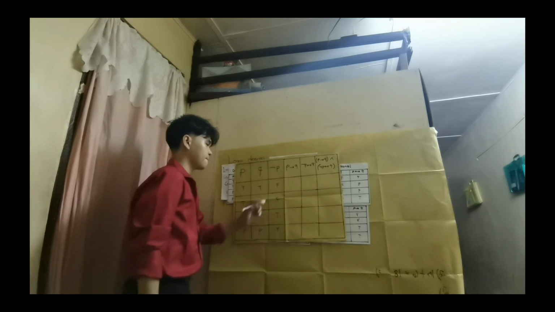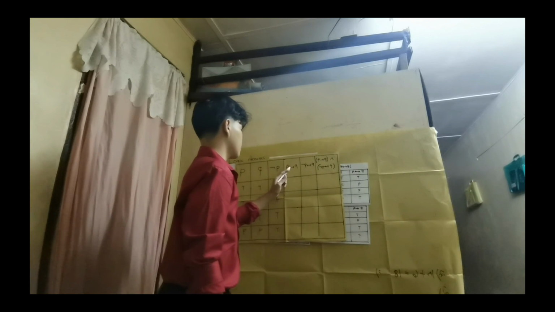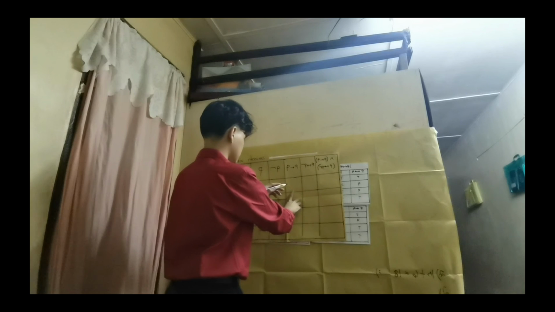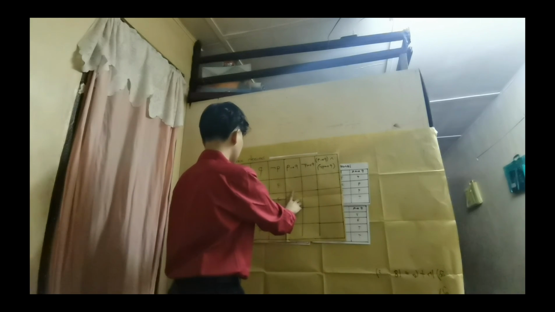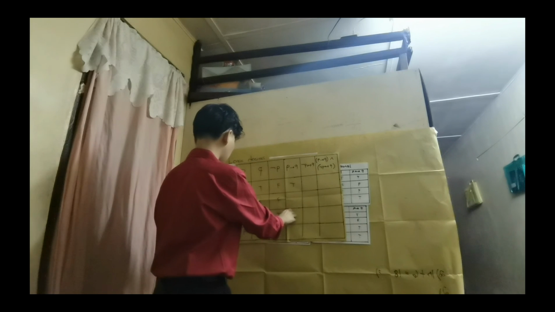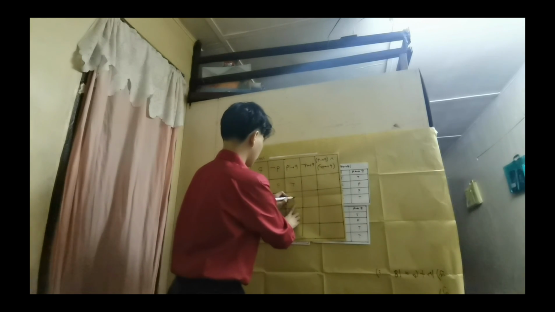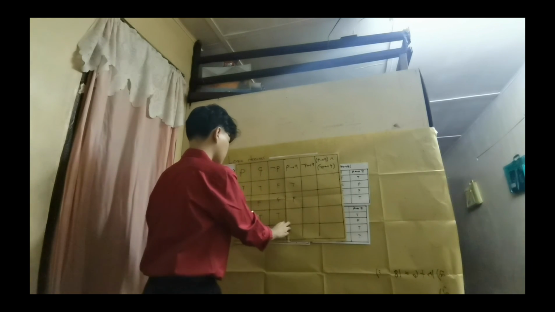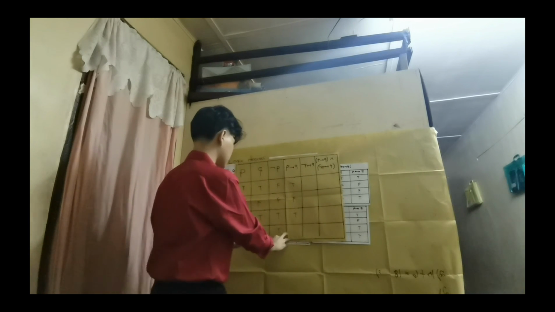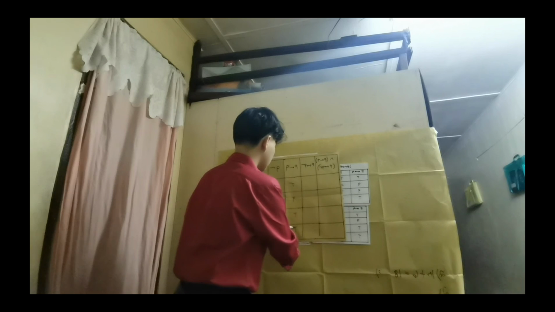Now, P implies Q. The answer: true, true is true. True, false is false. False, true is true. False, false is true.